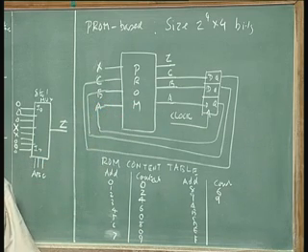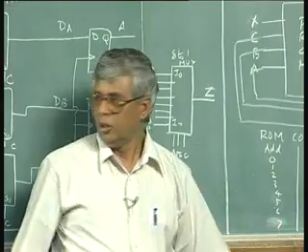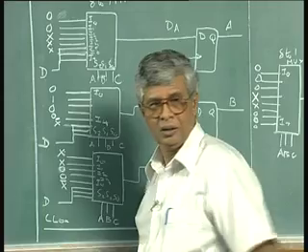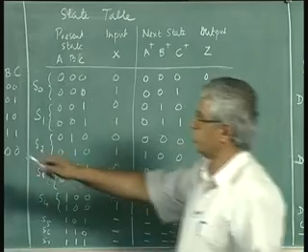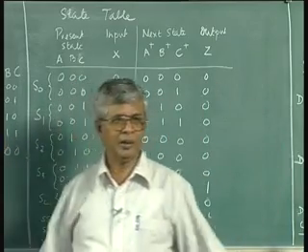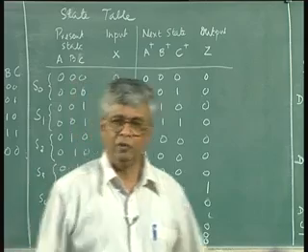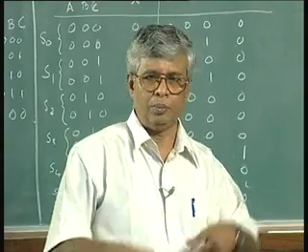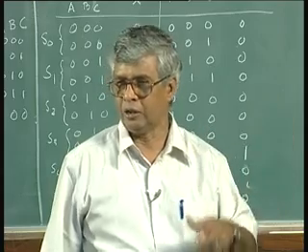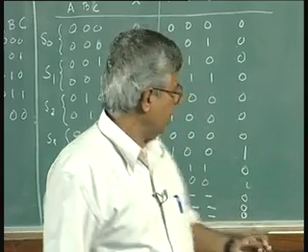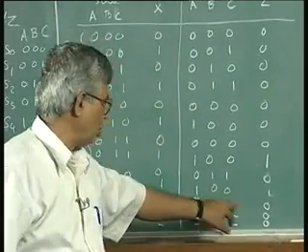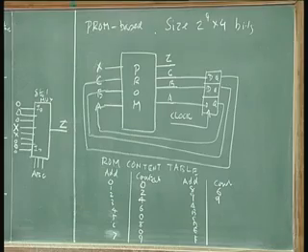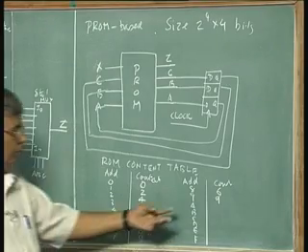So, I can make all of them the same, because whenever any of these unused states occur, which is not going to happen, I can always say the next state is 0, 0, 0, or 1, 1, 1, anything. Whenever such a state occurs, you put it back to a state which exists in the circuit, usually the reset state. So, for the rest of these don't cares, I will put 0, 0, 0, and output is also 0. I will fill all the rows from here to here.